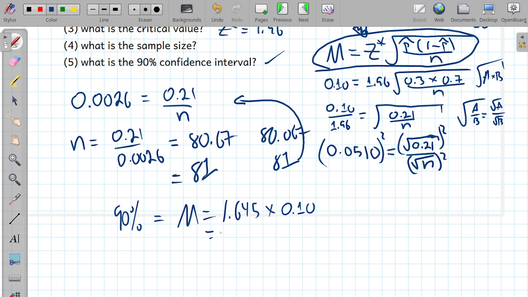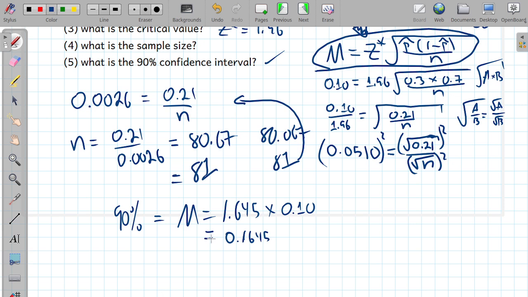Well, it should be 0.1645, but let's verify that, because, you know, silliness. My trusty TI here: 1.645 times 0.1, and yeah, that's right. So now this is 0.1645. Yes, I know, I could have just shoved the decimal over, but sometimes I'm silly and do silly things.